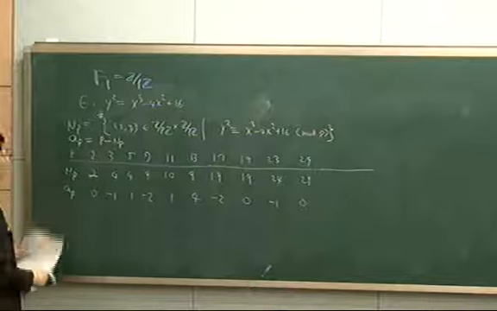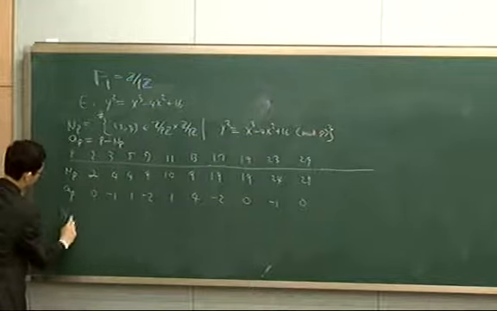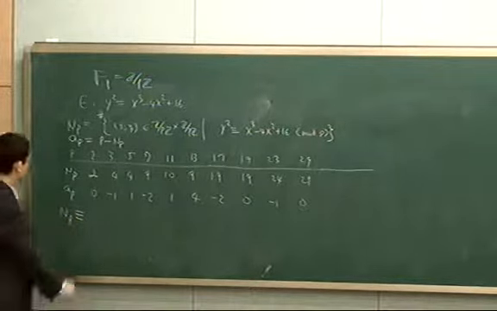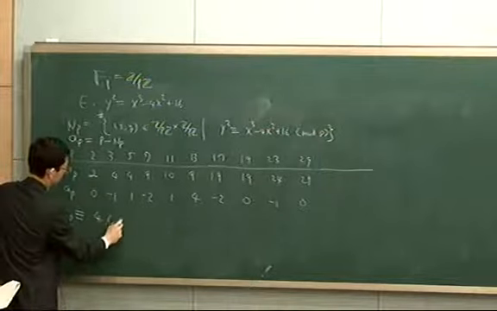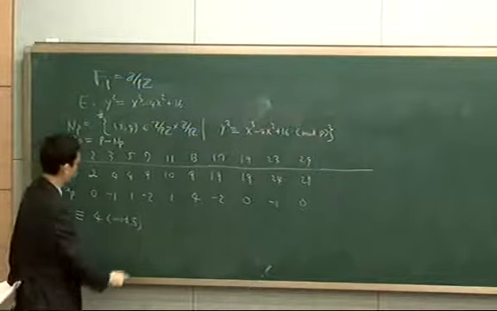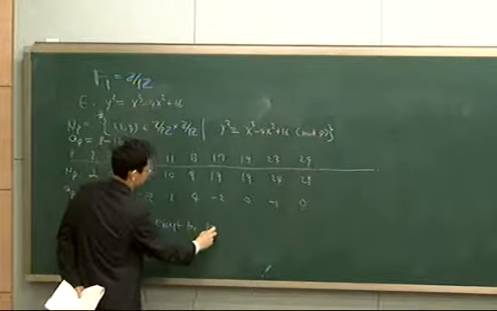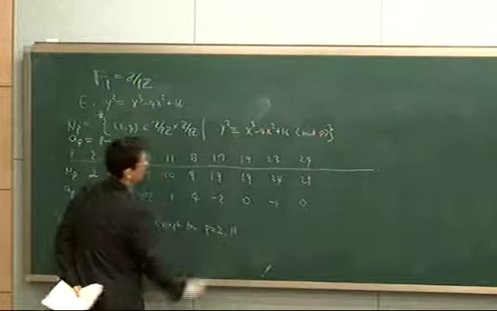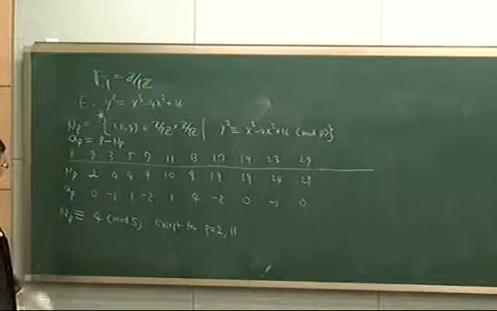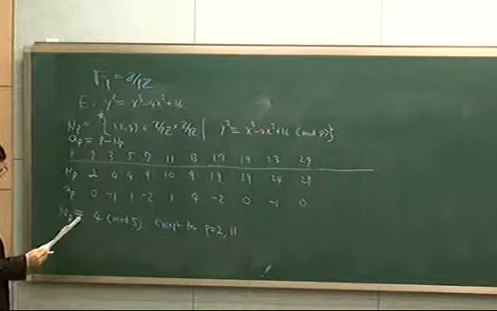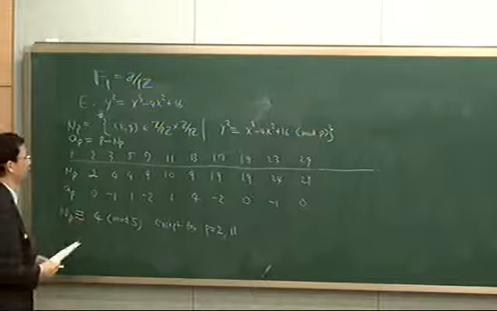Now, we observe that N_p is congruent to 4 mod 5, except for p equal to 2 and 11. p equal to 2 and 11 are called bad primes in the following sense.